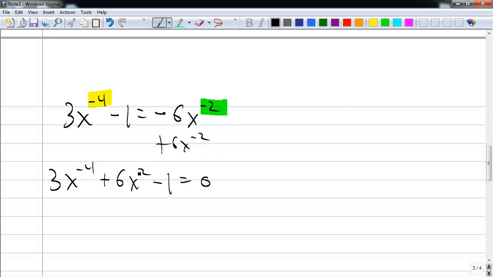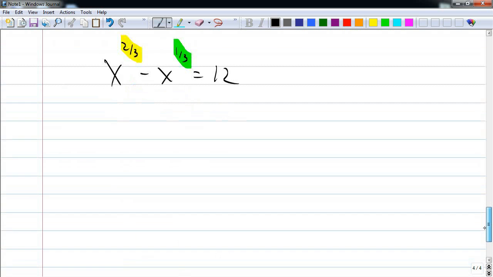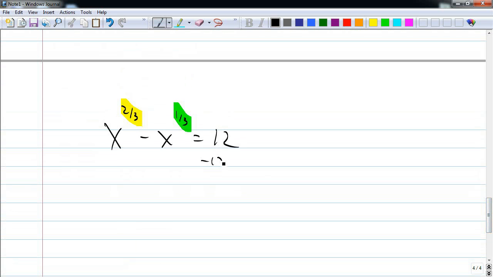Okay, now this one I can't factor, but I can use the quadratic formula. Okay, let's come back to this in a second. Let's look at this example.